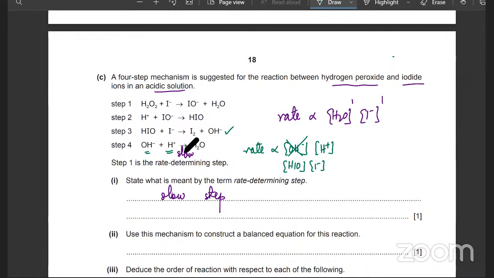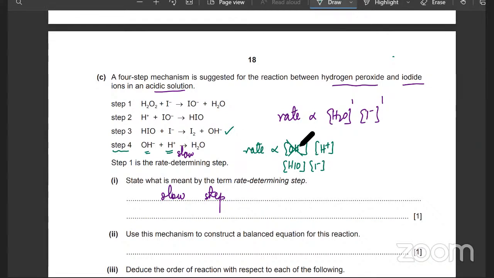If the last step, step number 4, is the slow step, then the rate depends on OH ion concentration and also on H+1 concentration. But OH-1 is an intermediate, so the rate indirectly depends on I-1 and HIO, because if their concentrations are high, the OH ion concentration is going to be high.